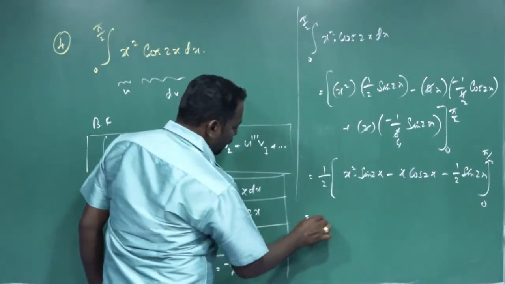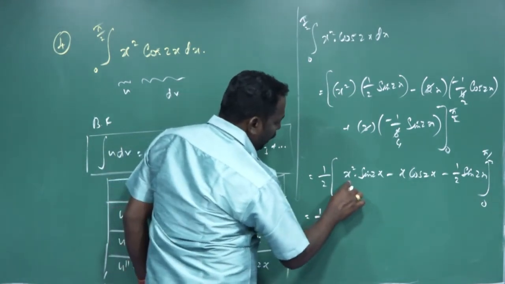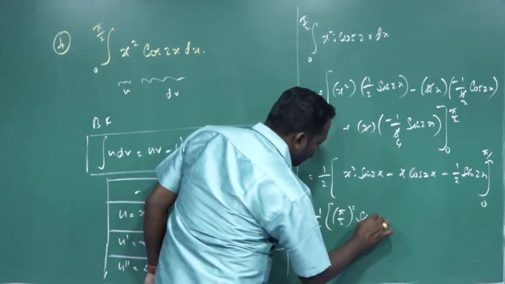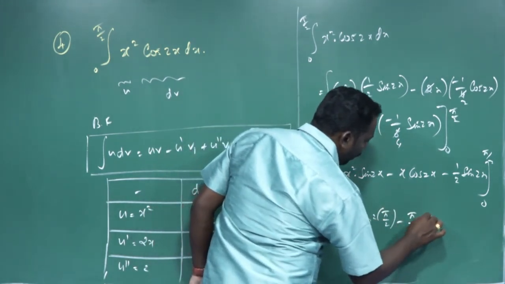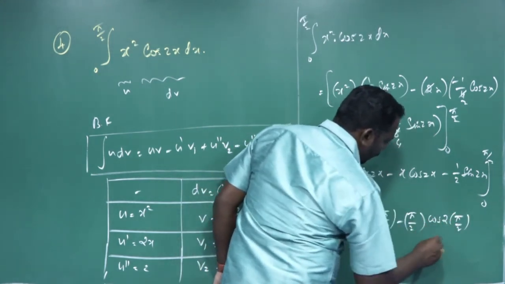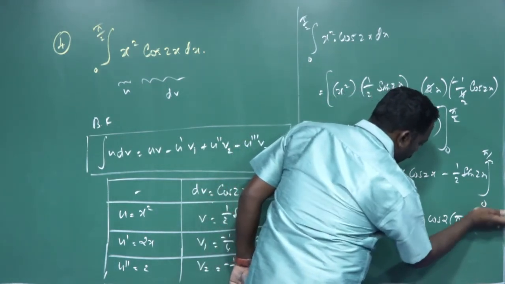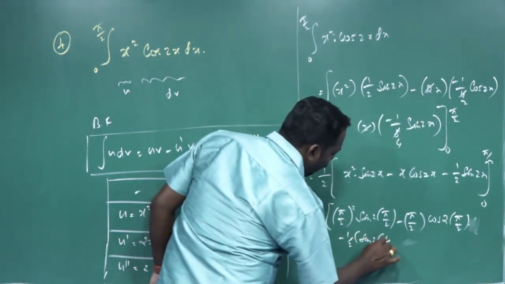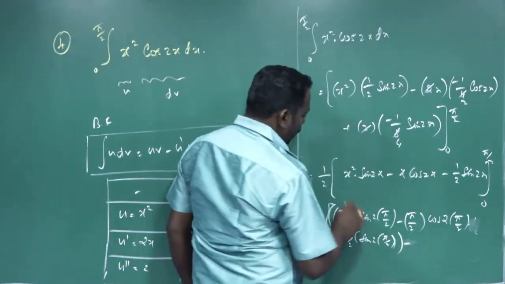Now substituting the upper limit and lower limit values. Put the upper limit: 1 by 2 within the bracket, x equal to pi by 2, pi by 2 whole square into sin 2 into pi by 2, minus x equal to pi by 2 into cos 2 into pi by 2, then minus 1 by 2 into sin of 2 into pi by 2. That is the upper limit value, and minus the lower limit 0.